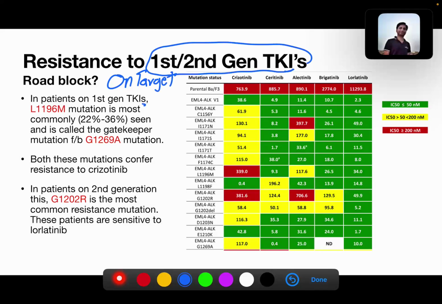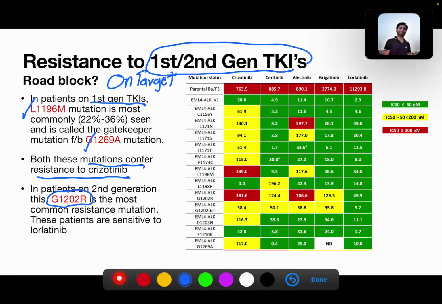So post first generation TKI, the most common one seen is L1196M, right? And the second most common one seen is G1269A. So these on target mutations are seen with first generation TKIs. Both these mutations confer resistance to crizotinib. In patients on second generation TKI, you see what we call the G1202R mutation.